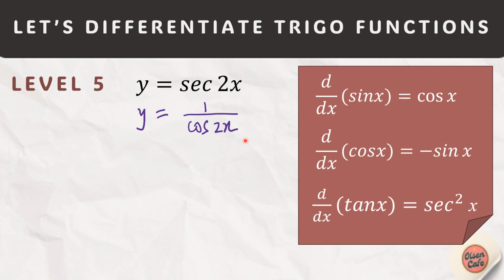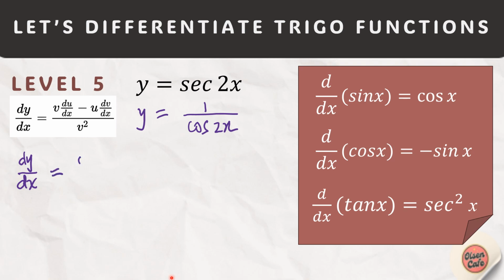So what I'm going to illustrate here is I'm going to use quotient rule to illustrate how to get the answer. So to do this, let's dive in. So I have dy dx, so I'm going to have v, which is cosine 2x, and then I differentiate u, which is the 1. I differentiate 1 will give me 0.